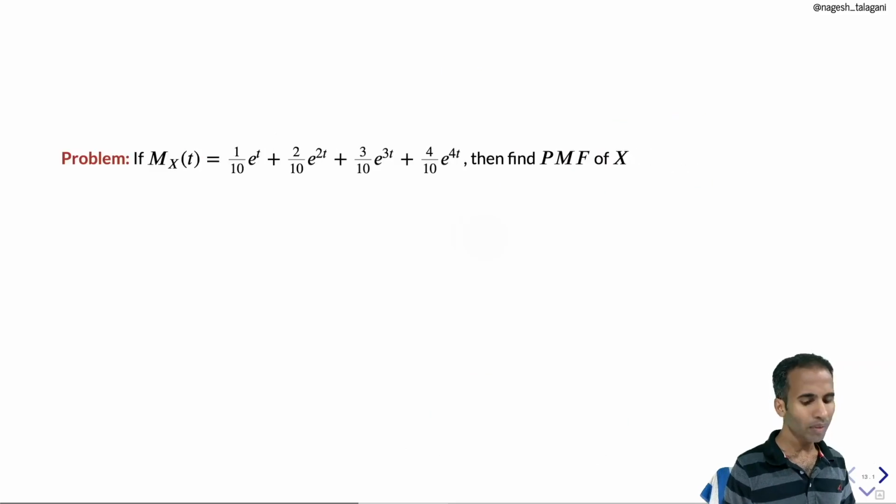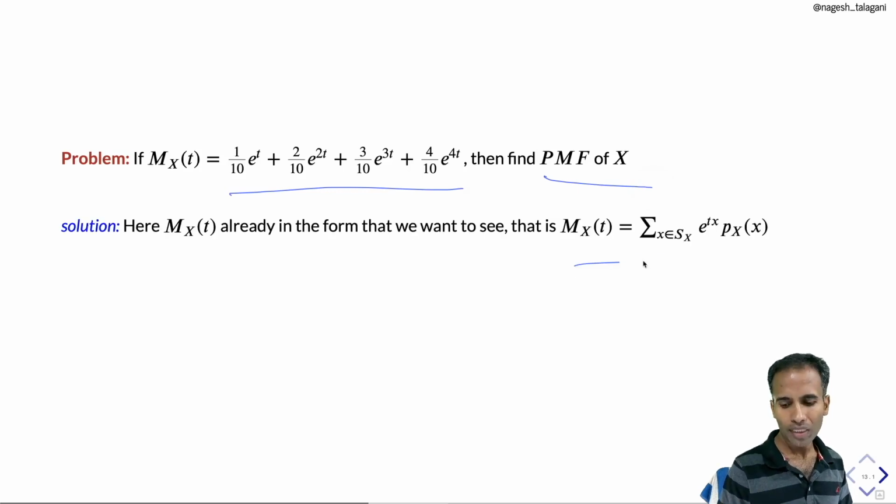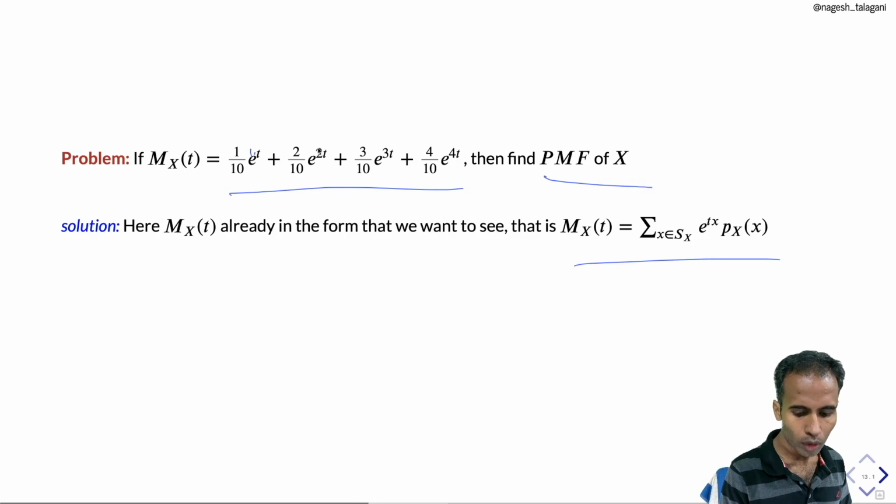The problem here: the MGF of a discrete random variable is given. We have to find the PMF of X. Here, the given MGF is already in the form that we want to see. So, immediately we can read off the support and PMF values. Here, the summation is running over 1, 2, 3, 4.